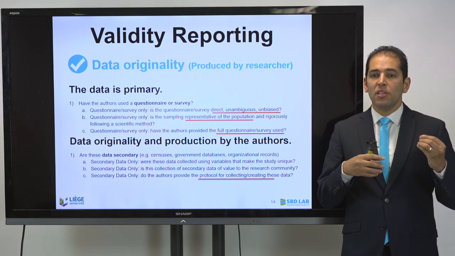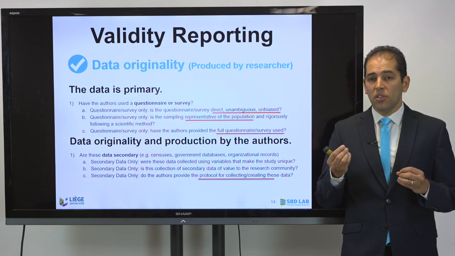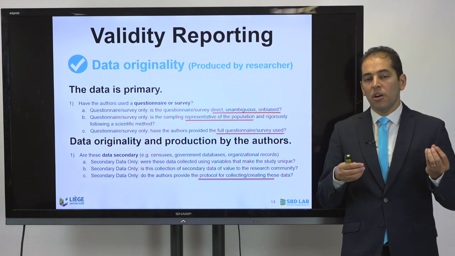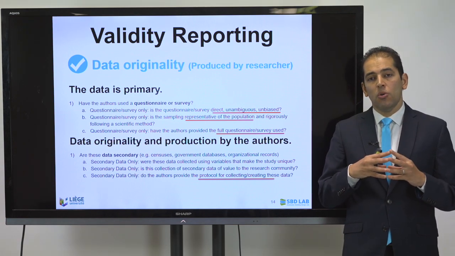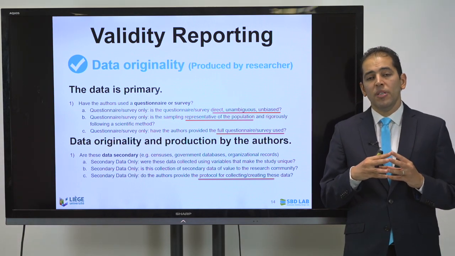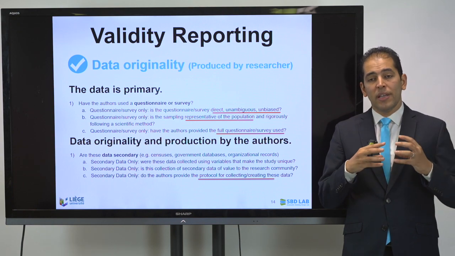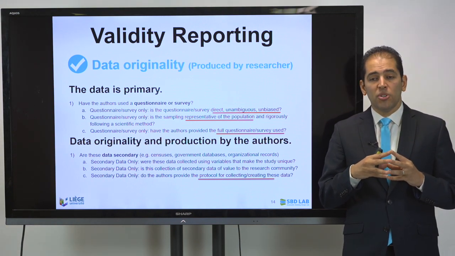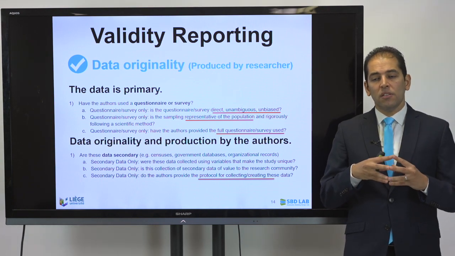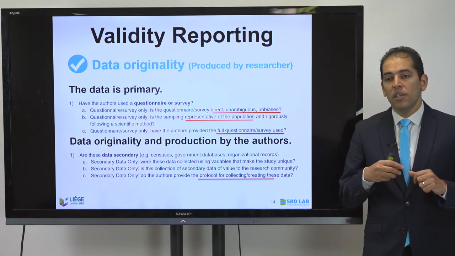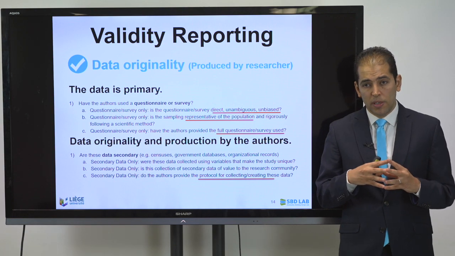Are we really measuring the variable? Do we have an alternative to the wording for measuring it? Do we have a measurement or a monitoring for the same parameter that we are trying to get the subject's perception about? So these are all measures to check the directness, the unambiguity, the unbiasedness of our questionnaire.